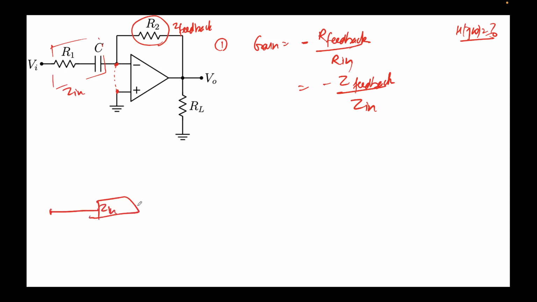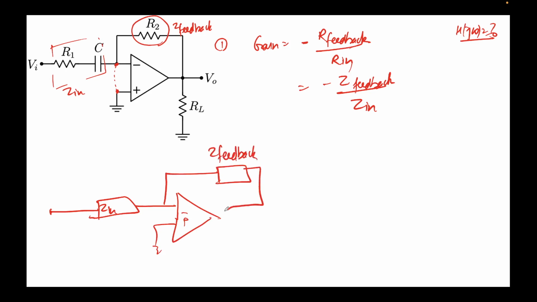This is Zn, the op amp with minus and plus terminals, this is grounded, this is Z feedback. And this is V0, and here is your load ZL. This is your input over here, right? What is the value of Zn? Z feedback we know, straightforward. Z feedback is nothing but R2. Zn is something we have to find out.